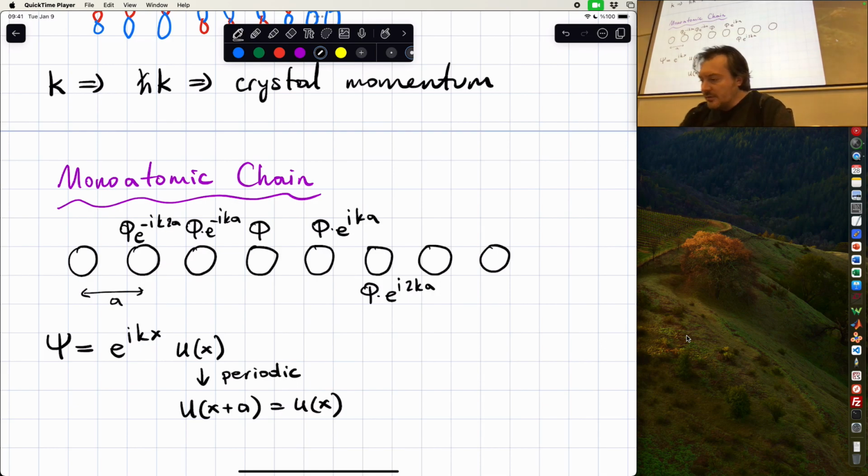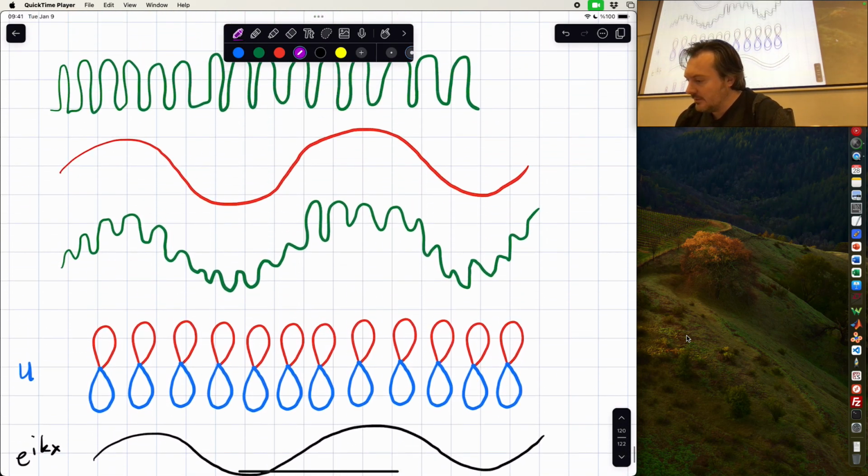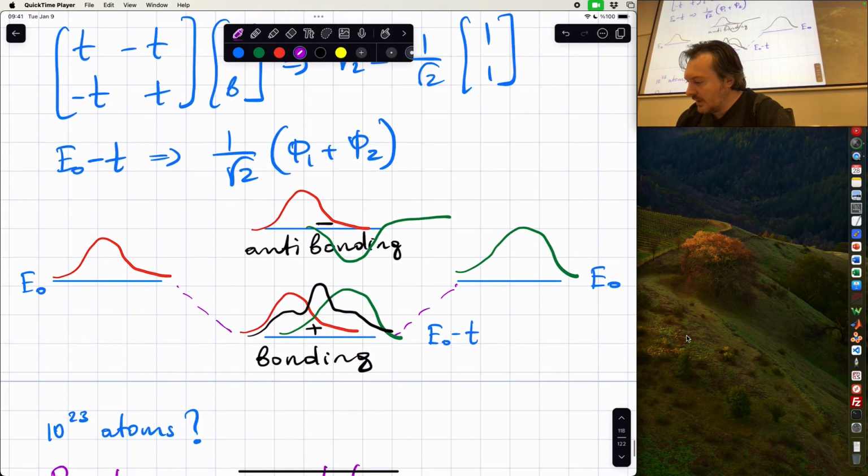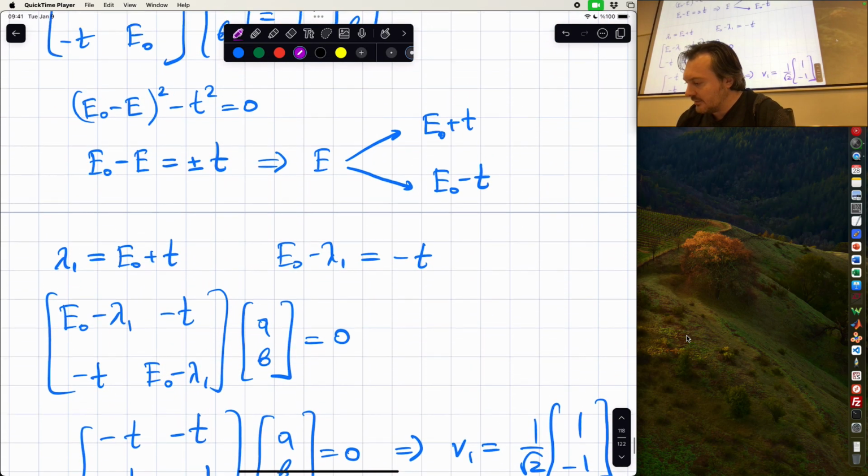So as I mentioned earlier, it's actually simpler to solve an infinite number of atoms versus two atoms. In two atoms, you had a 2 by 2 matrix. Do you remember that matrix? We had this on-site energy.